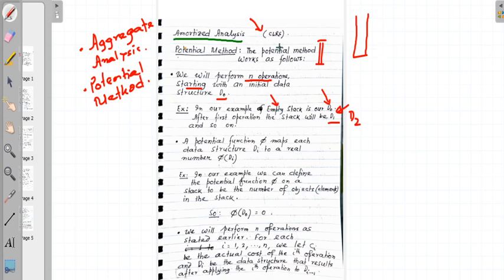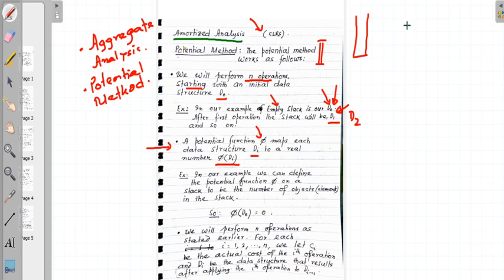Now, we have assumed that we are going with a data structure, and the initial data structure is D0. Here we also need a potential function phi that maps each data structure Di to a real number phi of Di.